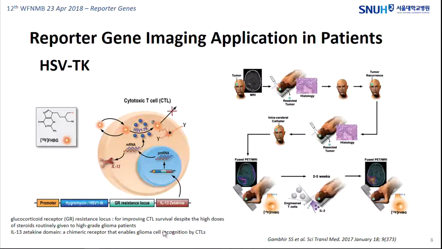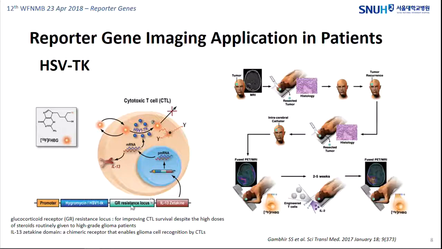So in order to help the CTL, cytotoxic T lymphocyte, survive, they placed this glucocorticoid receptor resistance locus, and they also placed the interleukin-13 chimeric peptide receptor because they tried to target the gliomas.